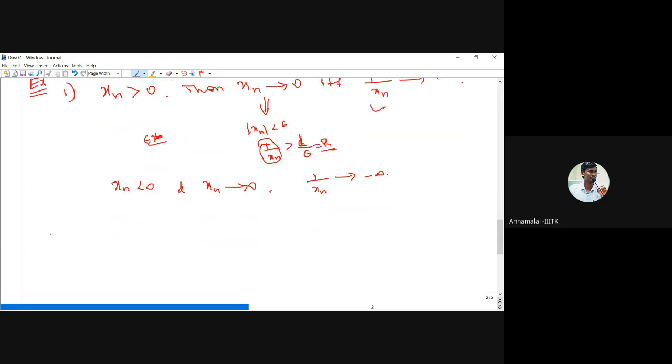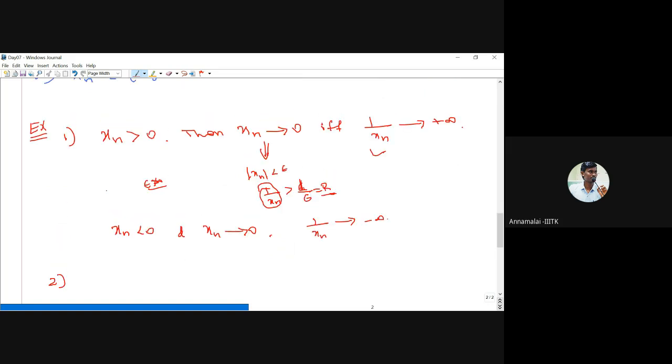Now, the next exercise. But in general, the converse need not be true. So it is very important that each xn is positive. If each xn is positive and xn converges to 0, then we can say 1 by xn diverges to plus infinity. But suppose this condition is violated, then this is not true.